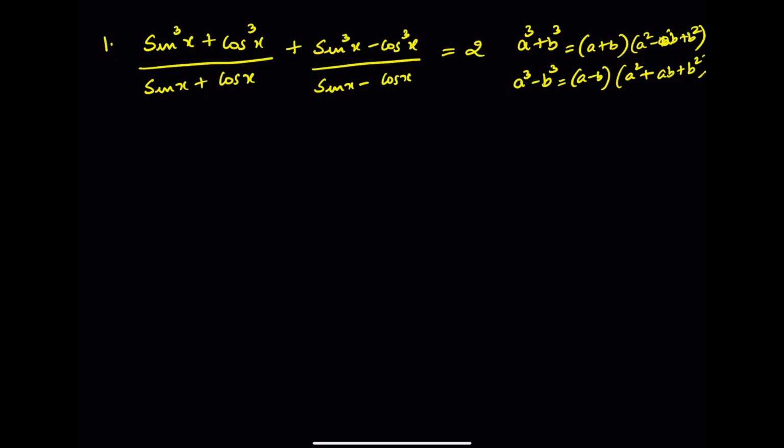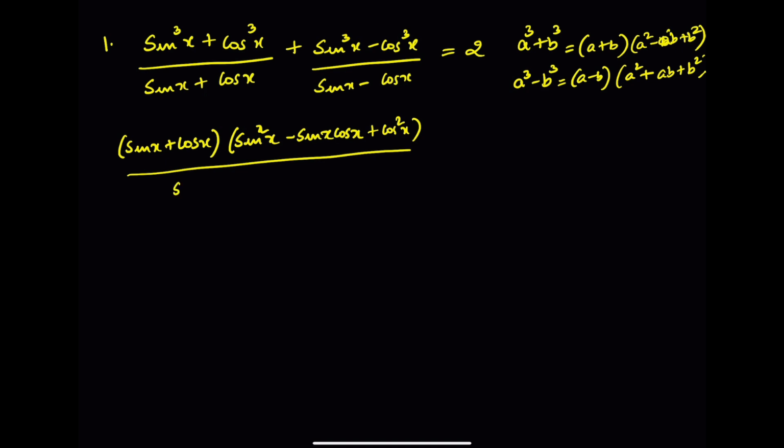So sin³x + cos³x can be replaced with (sin x + cos x)(sin²x − sin x cos x + cos²x), and the denominator would be the same, sin x + cos x, no changes there.